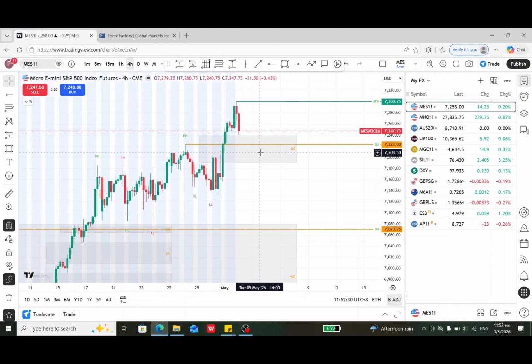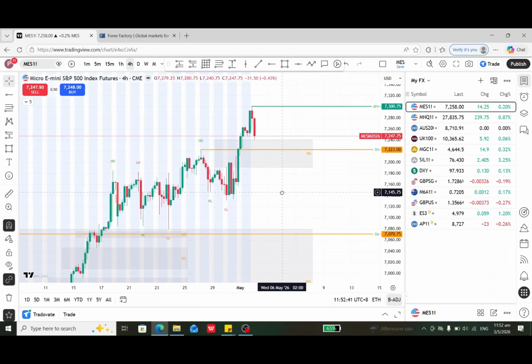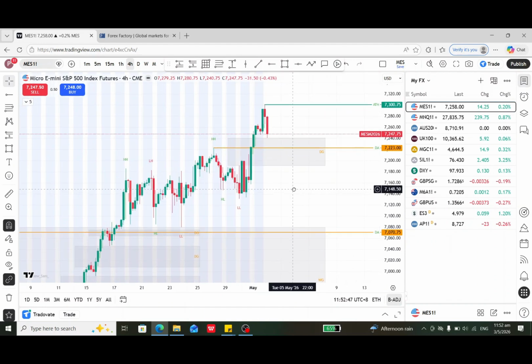So I am trying to see whether during the week there is any creation of a sell zone from this rejection to the next level. Currently I don't have any zone for the S&P 500. I only have to be careful about the market.